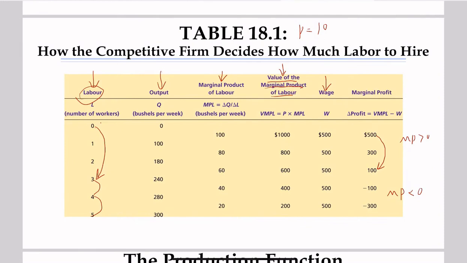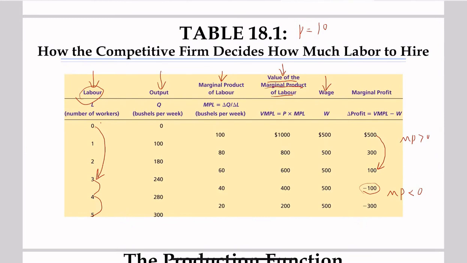So this basically tells you that as you increase the number of workers from 0 to 3, the profit always increases. But if you go past 3, if you increase from 3 to 4, the marginal profit is actually negative. So this basically means if you hire one more worker, when you have already got 3 workers, then your profit will actually decrease.